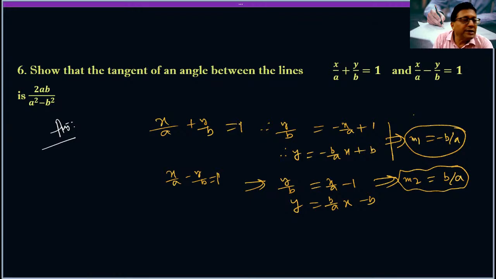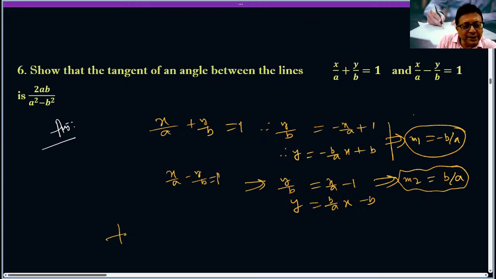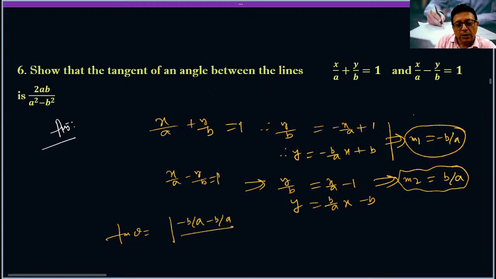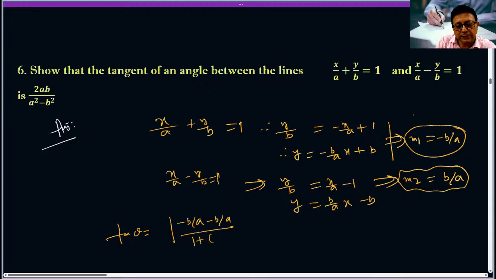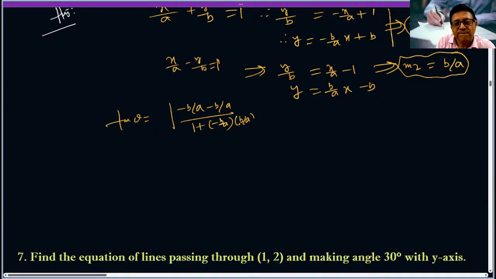Now write the tangent formula. Theta be the angle. m1 minus m2 by 1 plus m1 m2, isn't it?